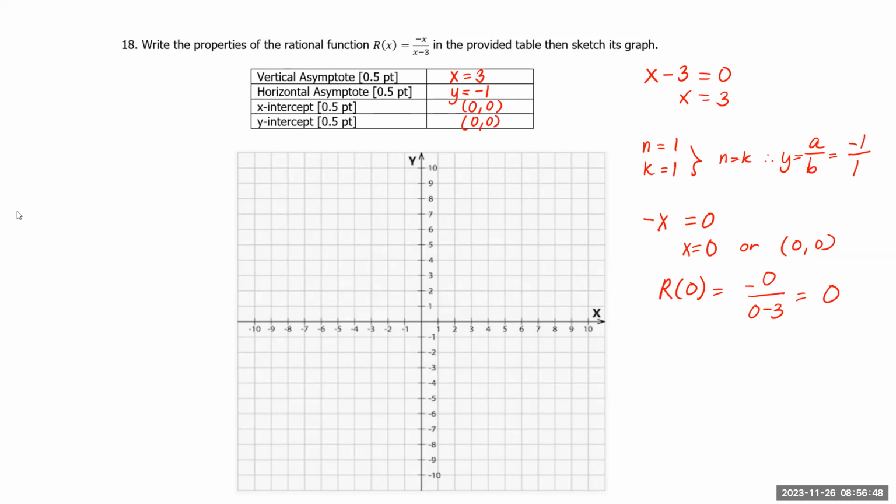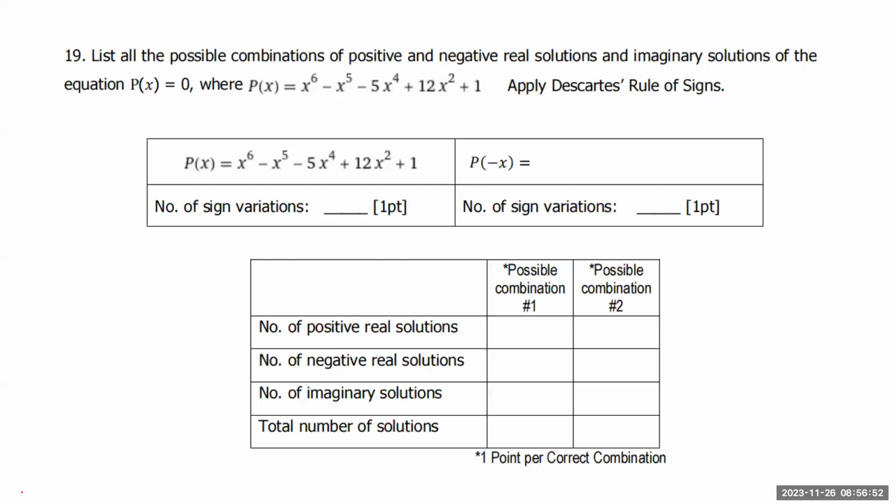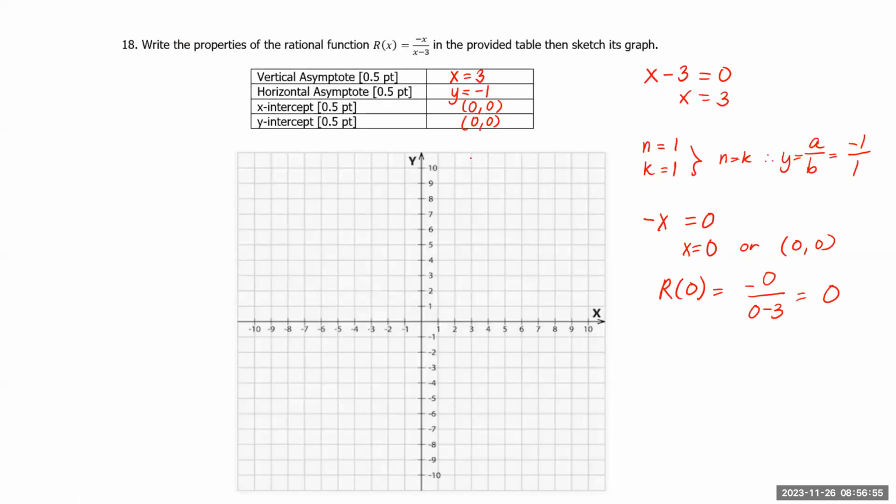So we are now ready to sketch the graph of this one. First, the asymptotes by using broken lines. Then, the x and y intercepts. Since we have here a point, then this region contains your function.